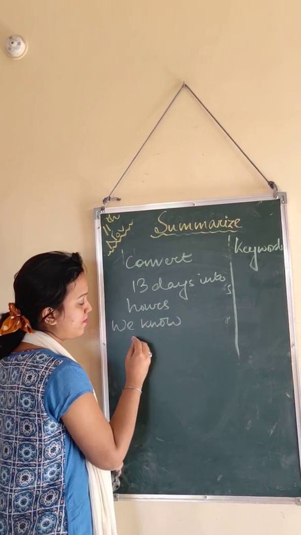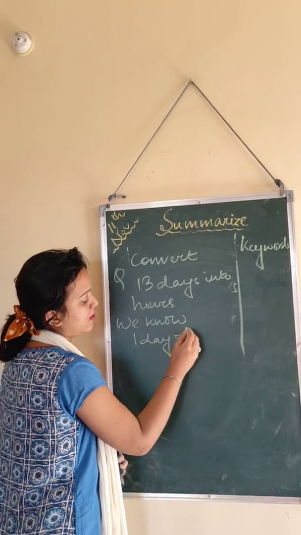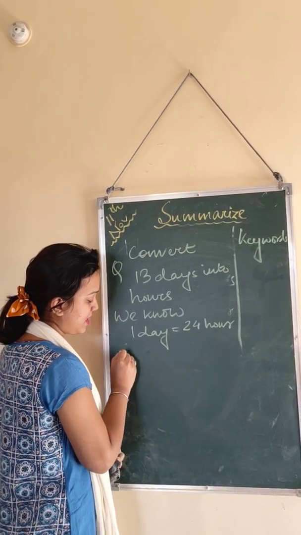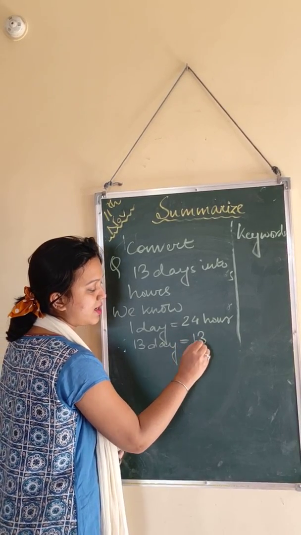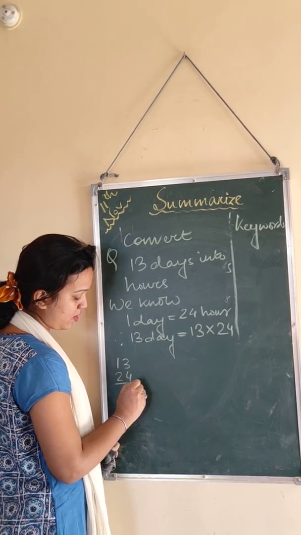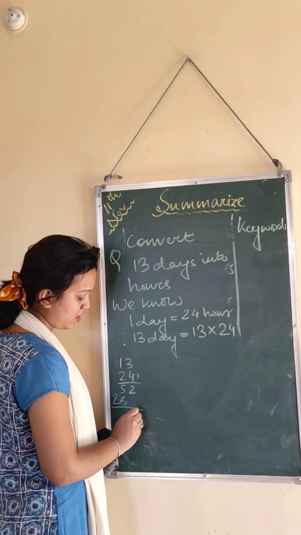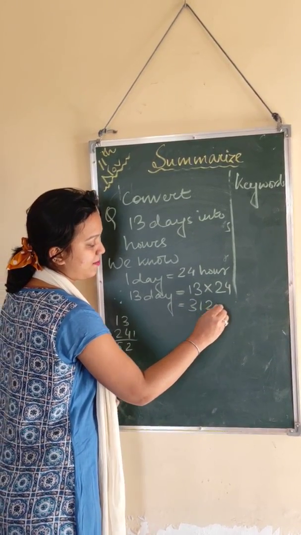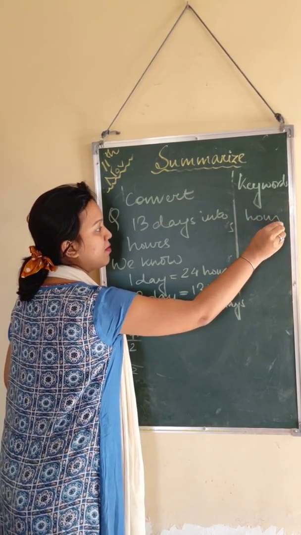We know 1 day is equal to 24 hours. Correct? So therefore 13 days is equal to 13 into 24. So do it. 13 into 24. 4 times 3 is 12, carry 1, 4 times 1 is 4, 5, 6, 2. So 312 hours.